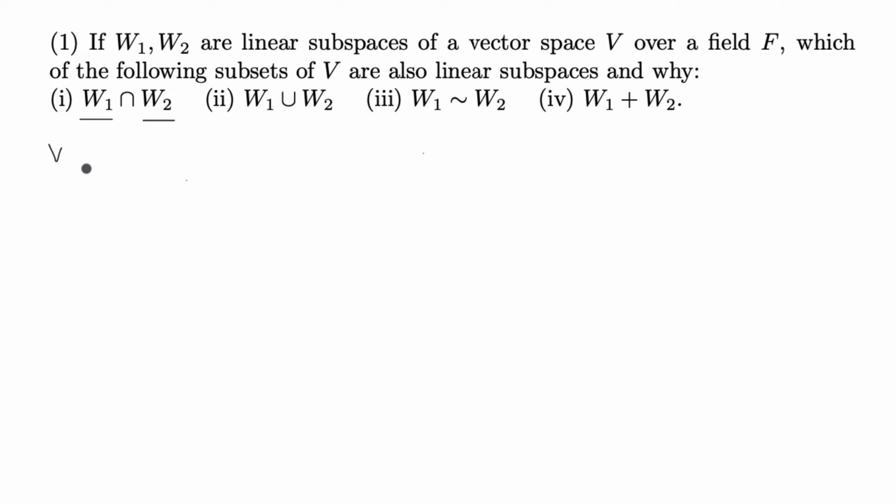Since it's in W1, for any alpha, alpha V is in W1, and alpha V is in W2 since V is in W2 and W2 is closed under scalar multiplication. Therefore, alpha V is in W1 and W2, so it's in their intersection. Therefore, we have closure under scalar multiplication.